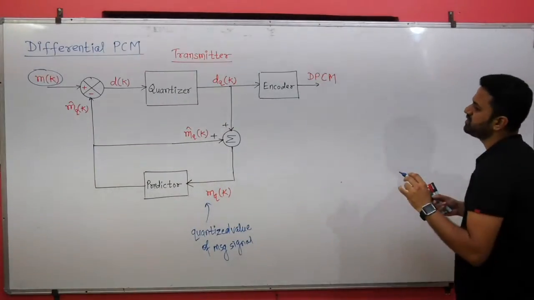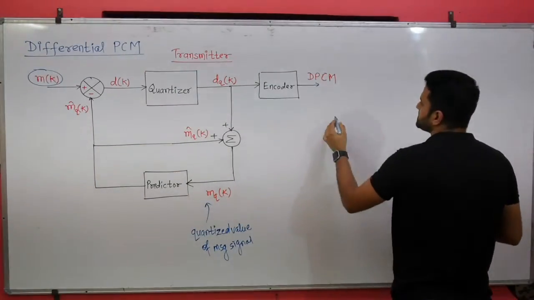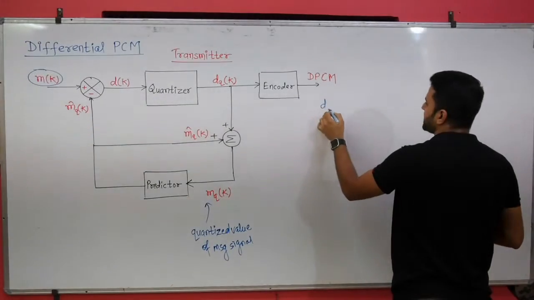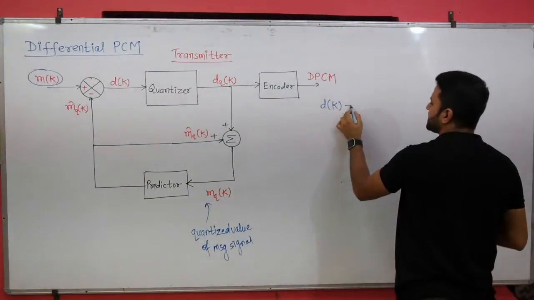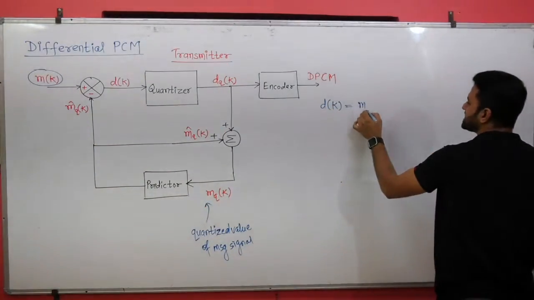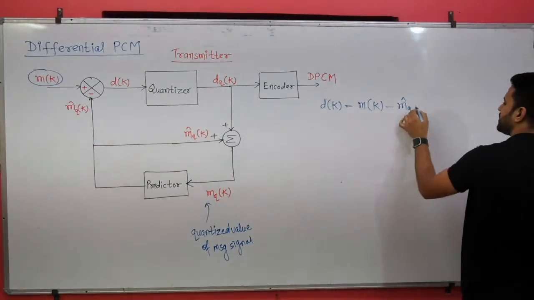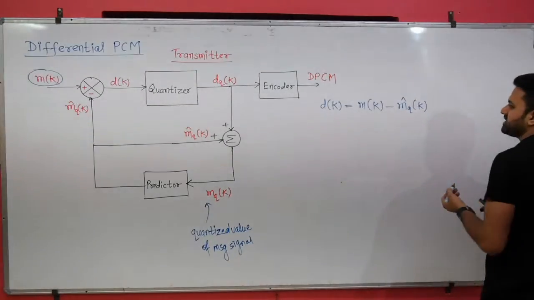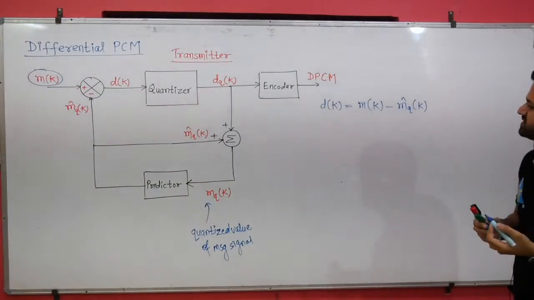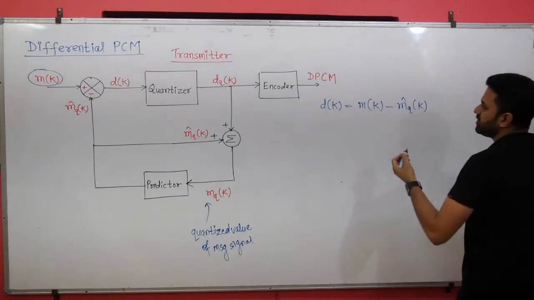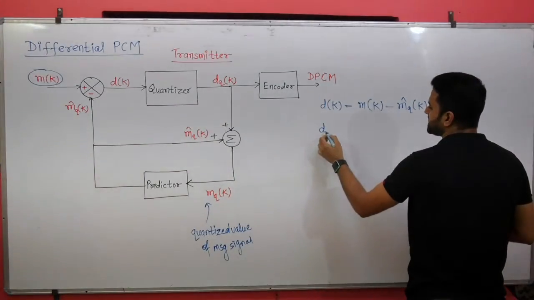Let me explain. In this diagram, the difference signal DK is m of k minus m cap q k, which is the difference between the samples.